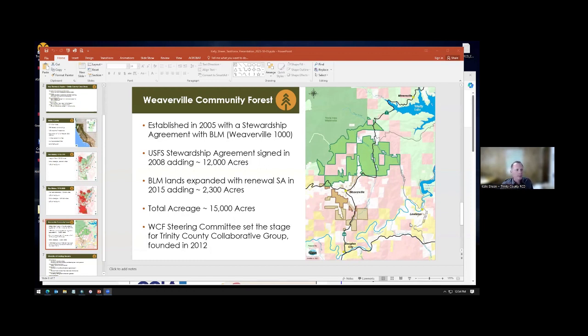Some local individuals became aware that this area just to the south and west of Weaverville was in BLM land ownership, and they were planning to land swap it with SPI.